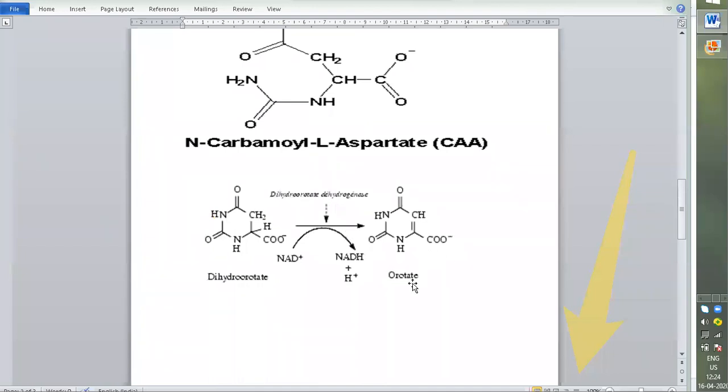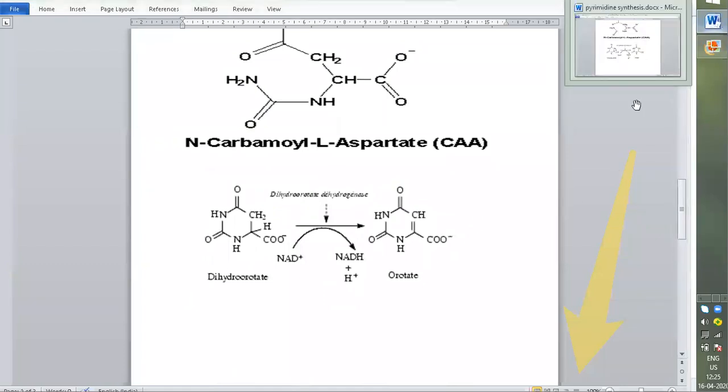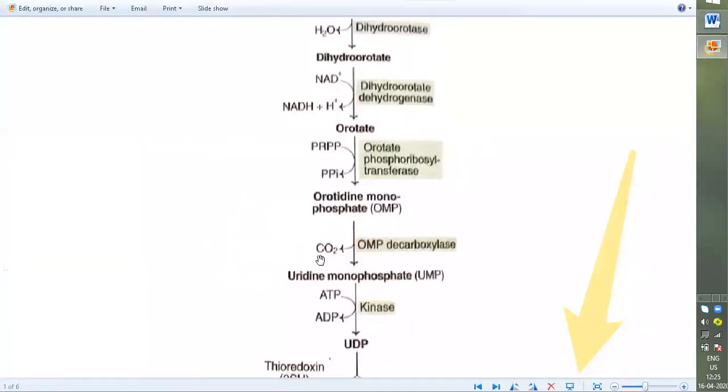Orotate has COO minus, and this COO minus will be released in the form of carbon dioxide. Now it is converted into uridine monophosphate. That means OMP is converted into UMP. OMP, orotidine monophosphate, has the COO group, and uridine monophosphate doesn't have it.